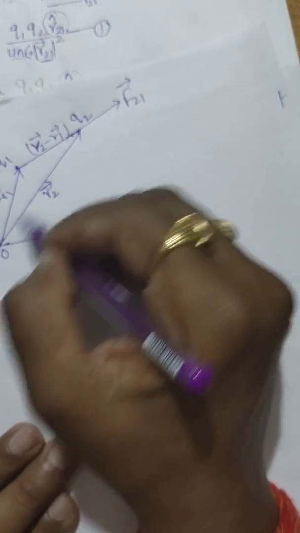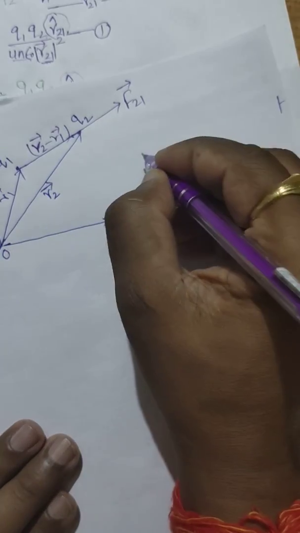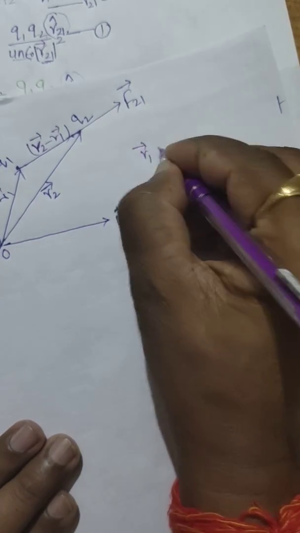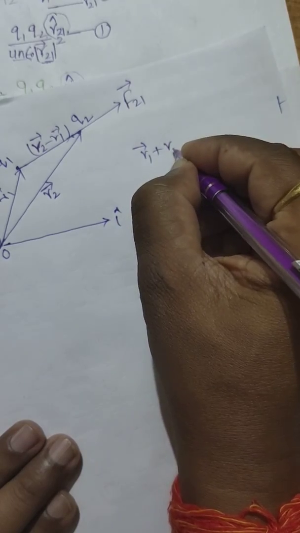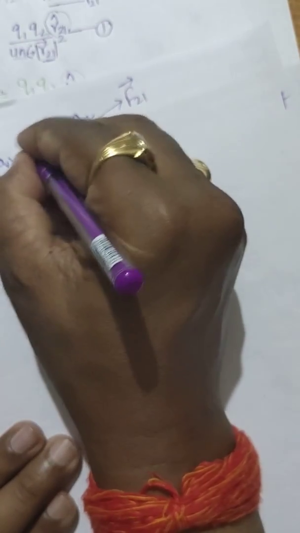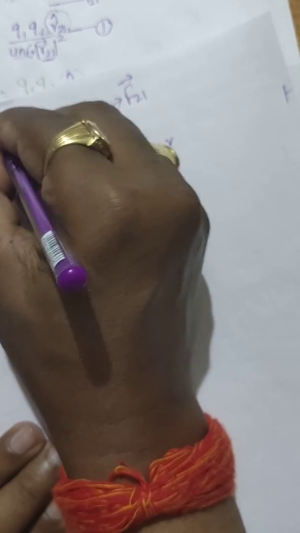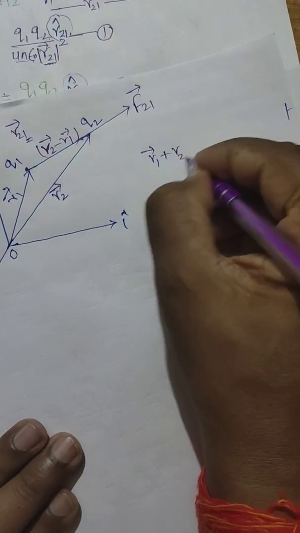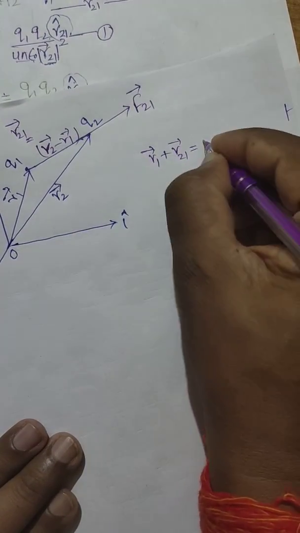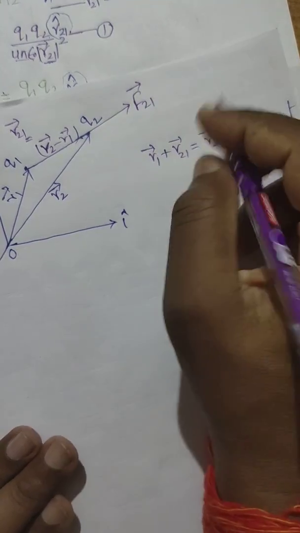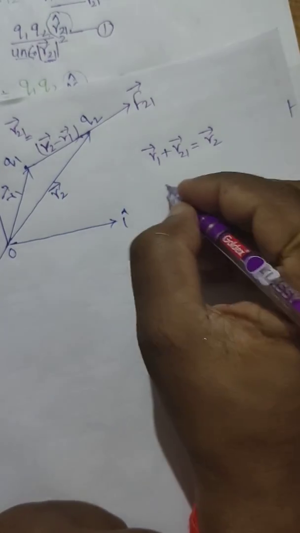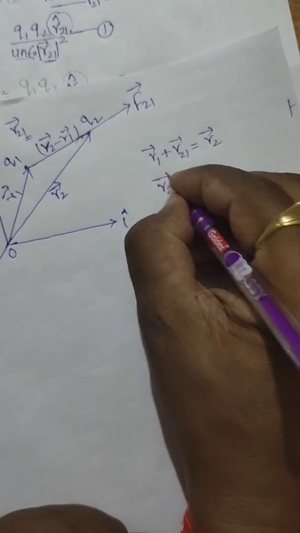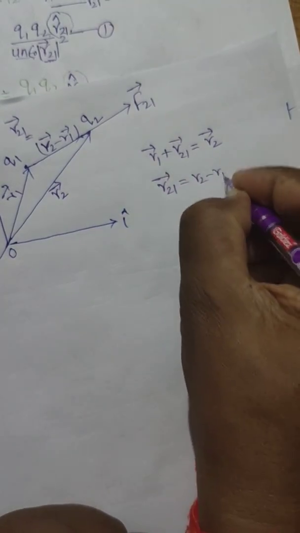According to the vector triangle law, the triangle of vector addition, R1 vector plus R21, which is also known as R21, is equal to R2. So according to the triangle of vector addition, we can write R21 equals R2 minus R1 vector.